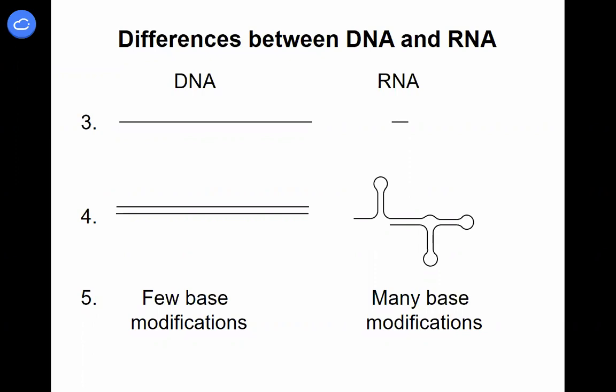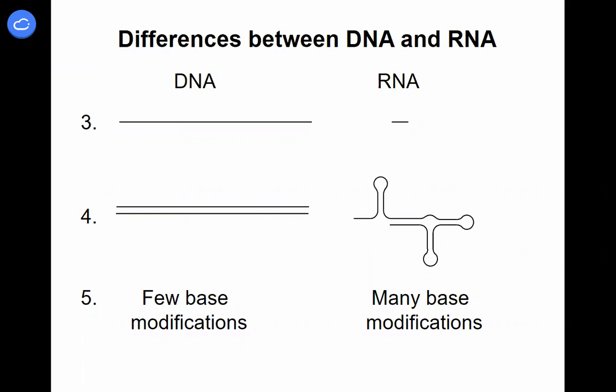And then finally, base modification. So I gave the structures of the bases that you typically find in DNA and RNA, and you can find those anywhere in the textbook online. But there are certain modifications that happen to these. It's analogous to protein post-translational modifications like phosphorylation.